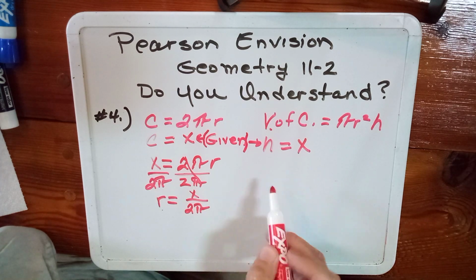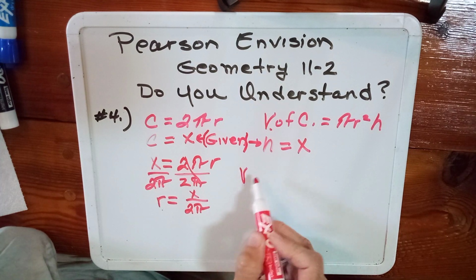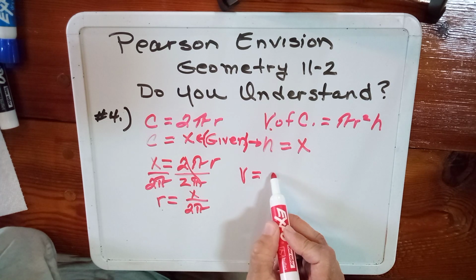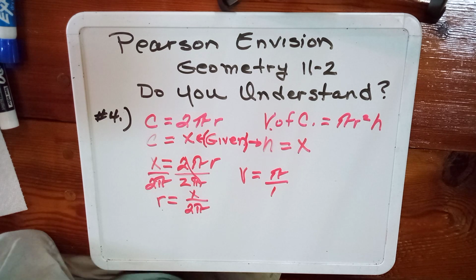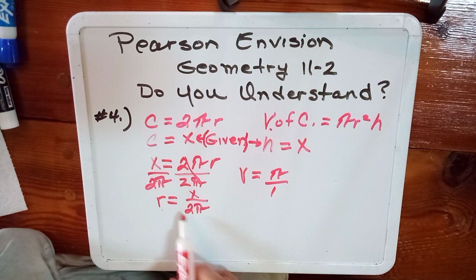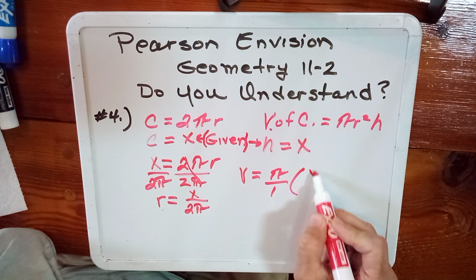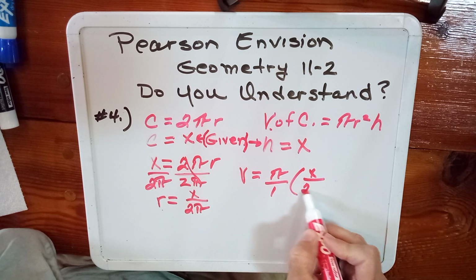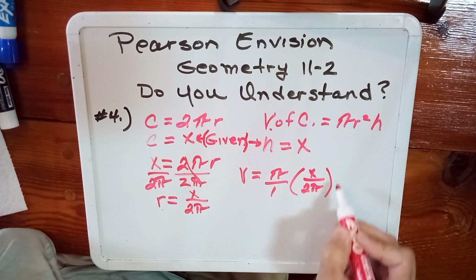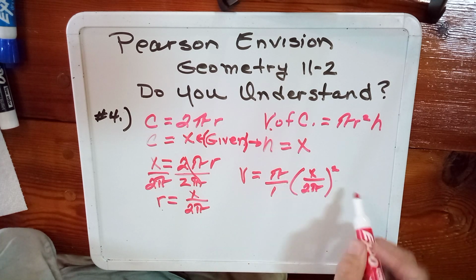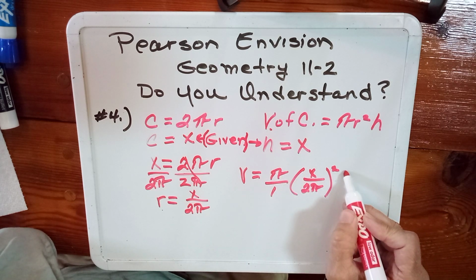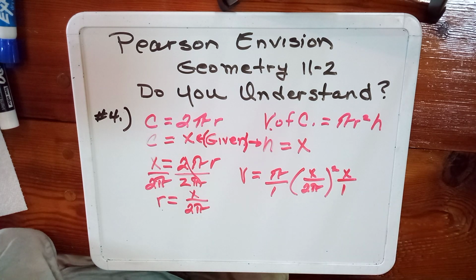The new expression is V, or volume, is equal to pi, and I'm going to put this over 1 just to clarify the problem a little bit, times r squared, well, r is x over 2 pi, and that's got to be squared, times height, well, we said height is x, and I'm going to put that over 1 as well, to make it easier to see.